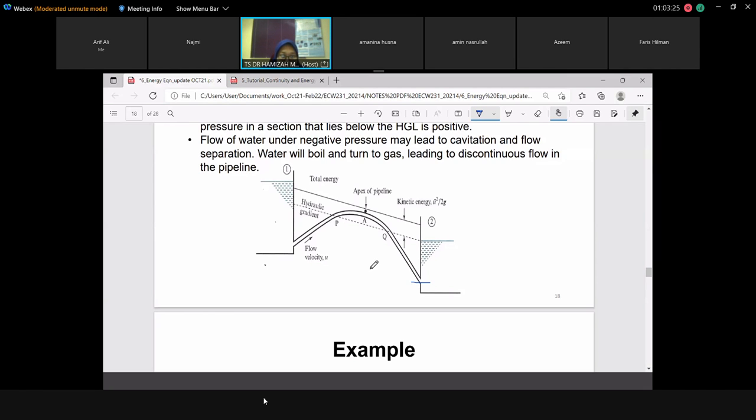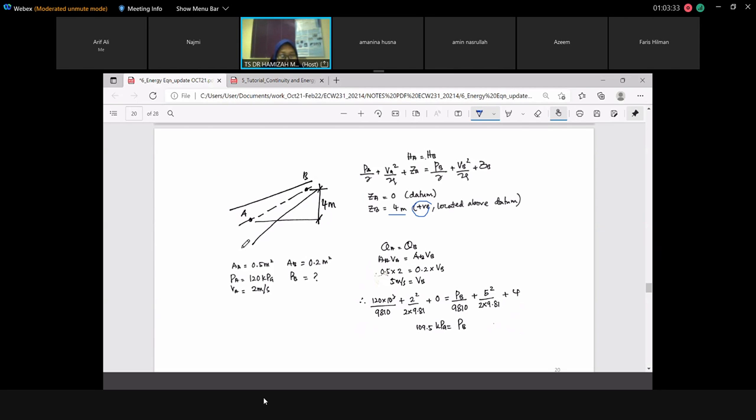Okay, so first kita dah list down kat sini. Area dah bagi. Pressure ada untuk A, B tak ada pressure. V pun ada untuk A, V untuk B tak ada. Okay, so first before we do the Bernoulli equation, kita kena buat dulu continuity equation. Kenapa?